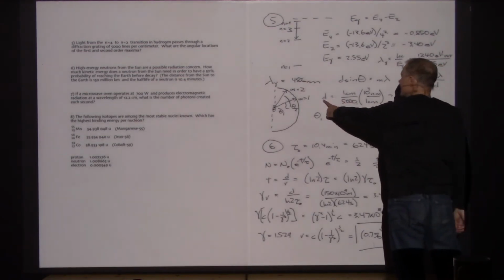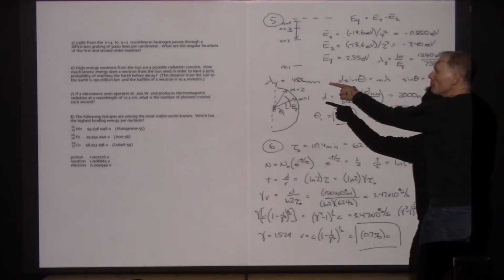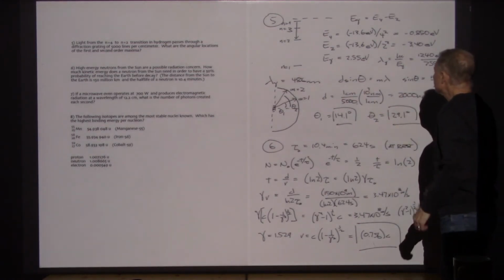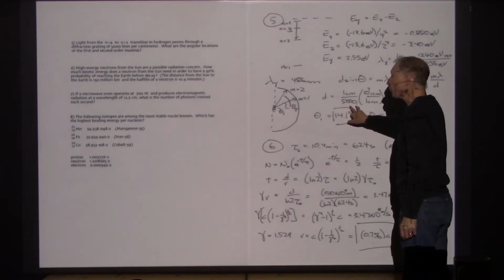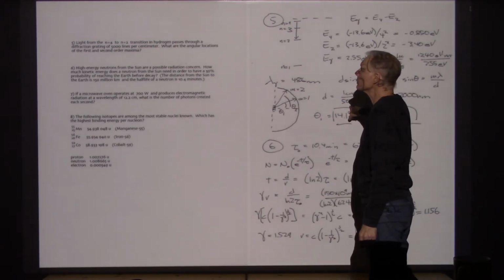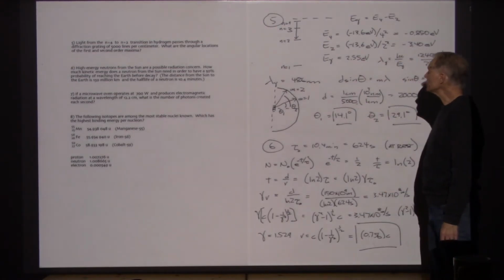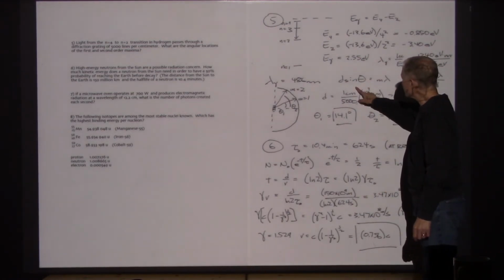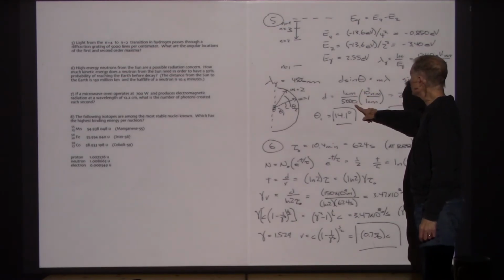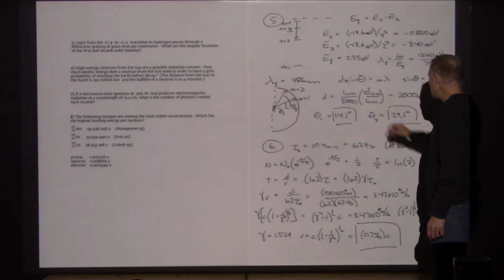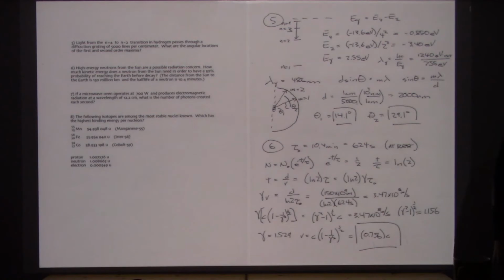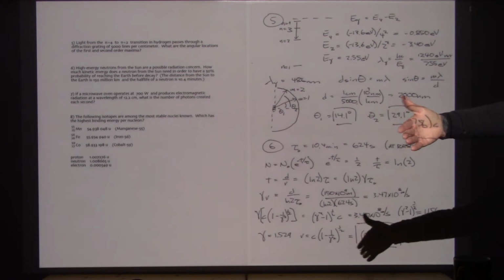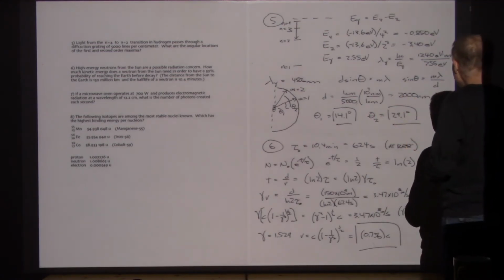Now I have to get the d information from the information given. So they tell us that this diffraction grating has 5,000 lines per centimeter. So we can take that 1 centimeter and divide into 5,000 pieces, and then convert from centimeters into nanometers, and show that the diffraction grating in this example has a d value, the distance from one line to the next in the grating, of 2,000 nanometers.